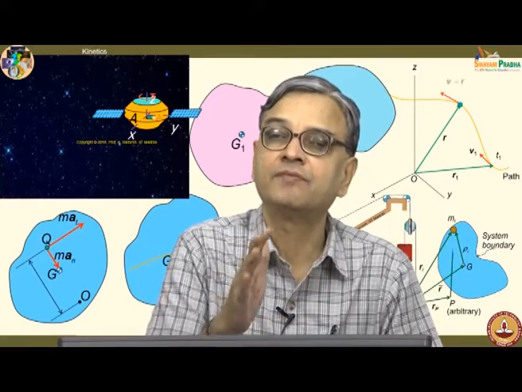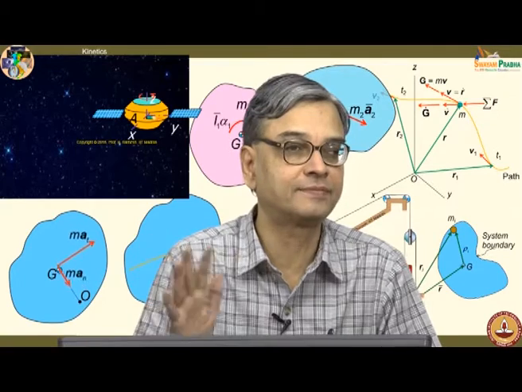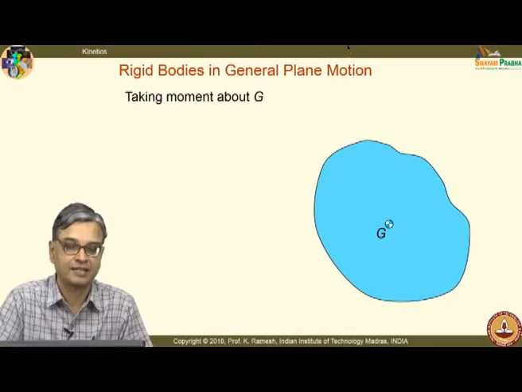We have still not taken a rigid body of odd shape and then tried to find out the kinetics of it. We are taking baby steps. We have looked at particles. Particles do not rotate, and now we have taken planar objects, which are the rigid bodies. In addition to translation, it will also have rotation.